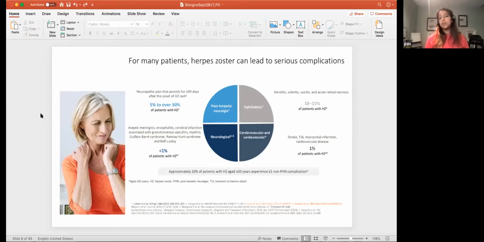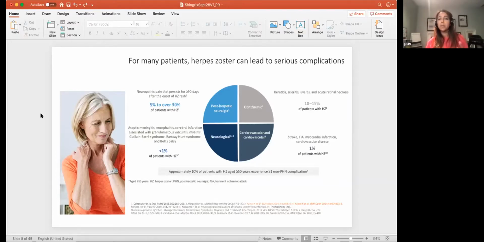And then finally, you could have neuralgia as well as neurological issues or complications, which approximately less than 1% of patients end up experiencing. And what's really interesting to note is that though in and of themselves these complications seem fairly low in regards to prevalence, approximately 10% of patients who end up with shingles will experience at least one of these non-PHN complications. So they do occur and they can be devastating to patients.